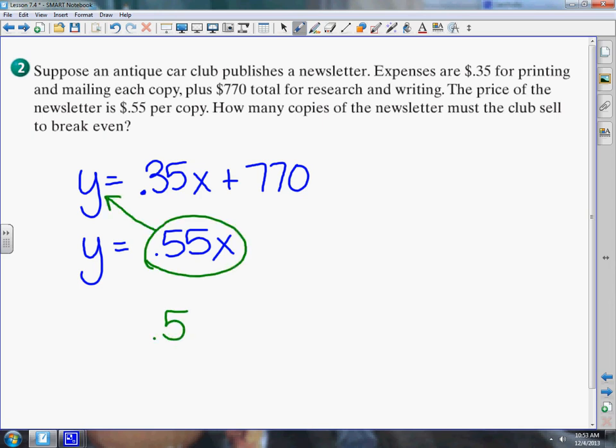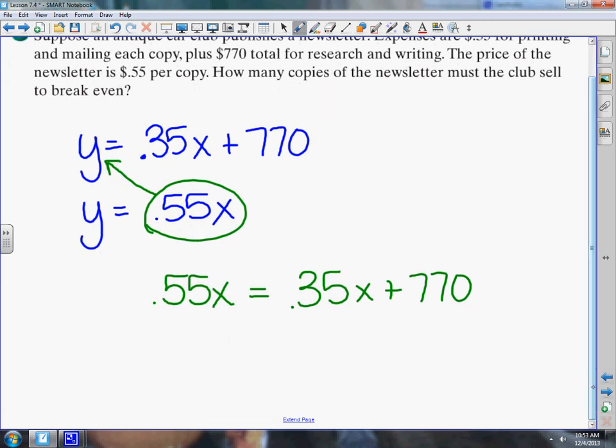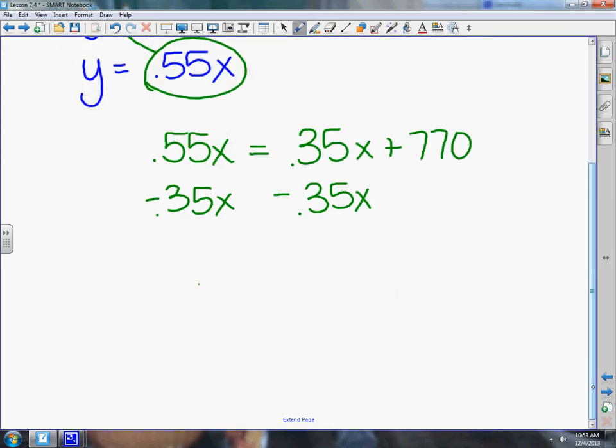So that's 0.55X equals 0.35X plus 770. I'm going to minus 0.35x from both sides. So then I get 0.20x equals 770.